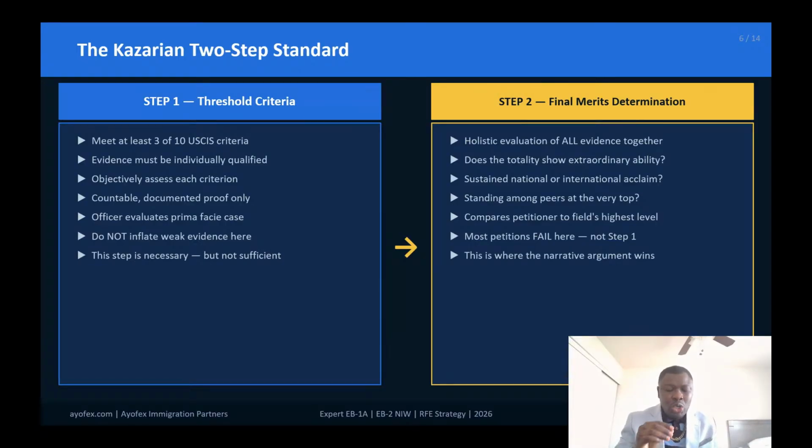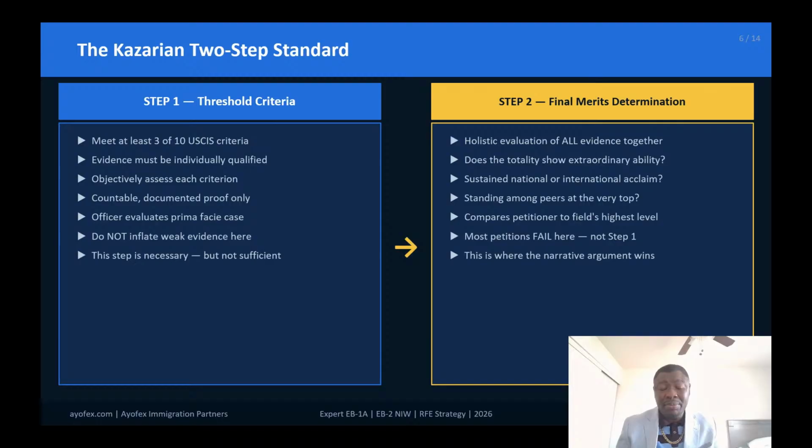Your petition, your EB-1 case, needs to tell a story in such a way that when the officer is reading your story, it leads the officer to believe that this person is more likely than not to be at the top of their field. And remember, the standard of adjudication here is the preponderance of evidence. What is the preponderance of evidence in law?